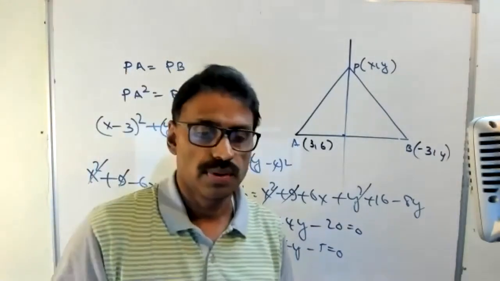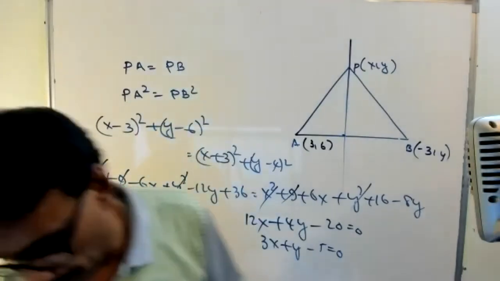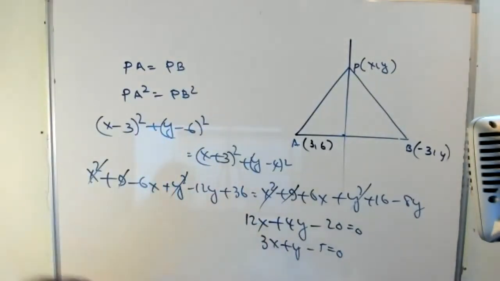Then PA equal to PB. Then PA squared equal to PB squared. Okay, right up to here.